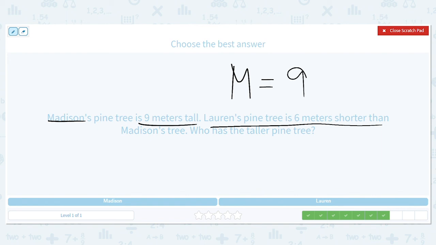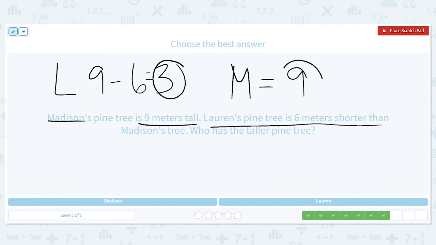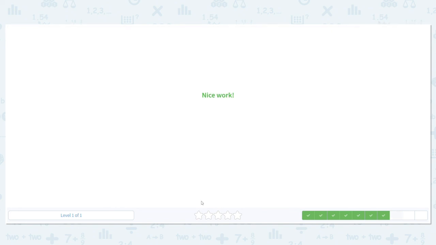Lauren's is 6 meters shorter than that. So Lauren's is 9 minus 6 equals 3. So Lauren's is 3, Madison's is 9. Who has a taller pine tree? Madison.